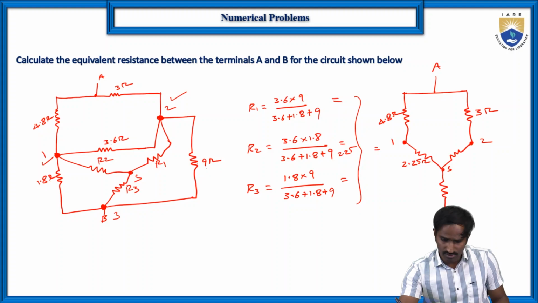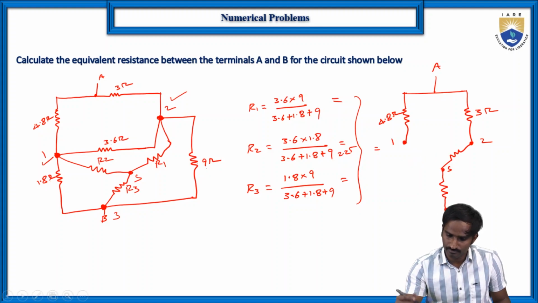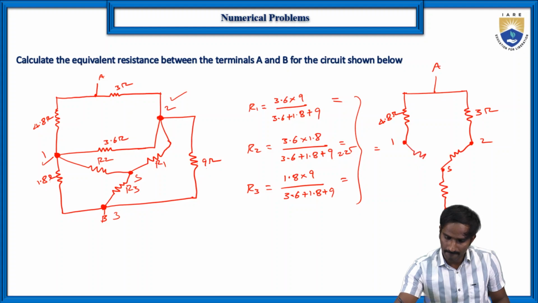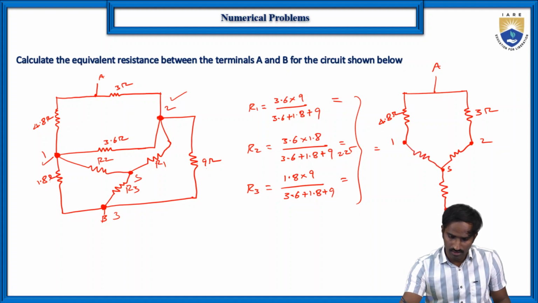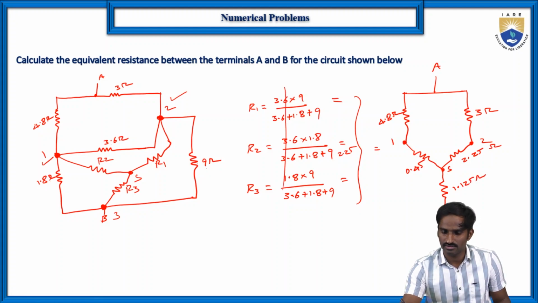Sorry, here in between 1 and S, here the values are, this is R1, which is equal to 0.45, and this is 2.25, and here it is 1.125 ohms. These are the values. If you simplify this, you will get these values.